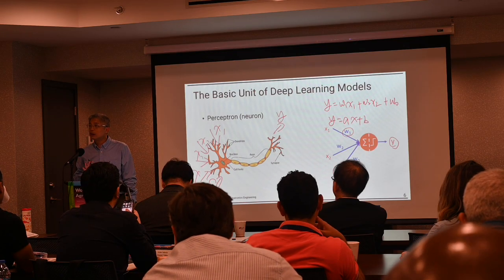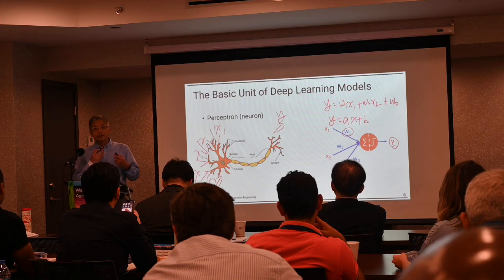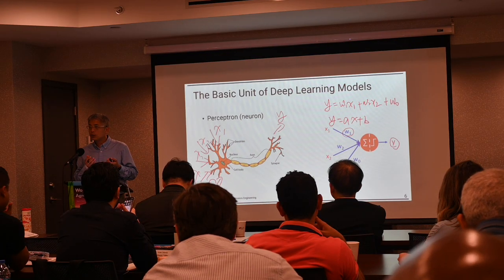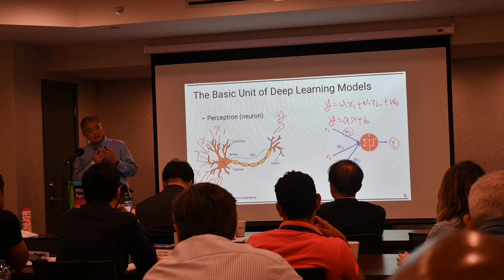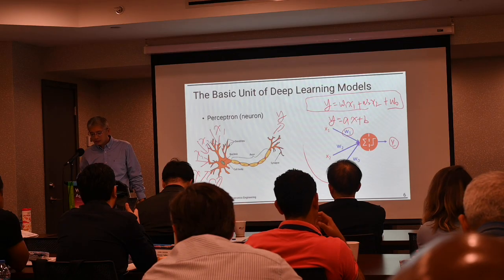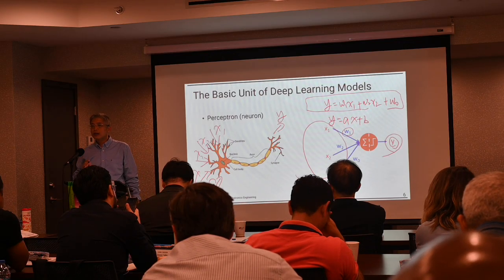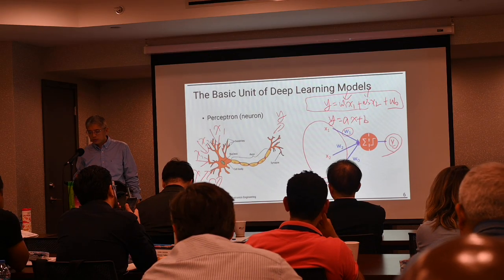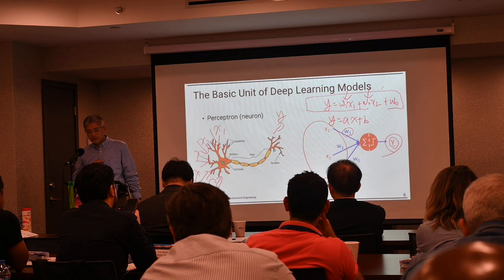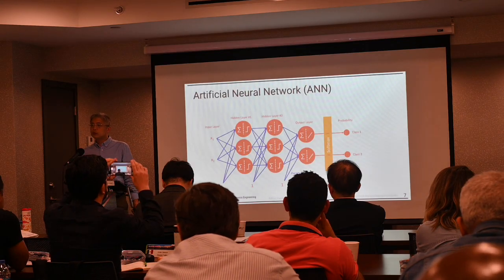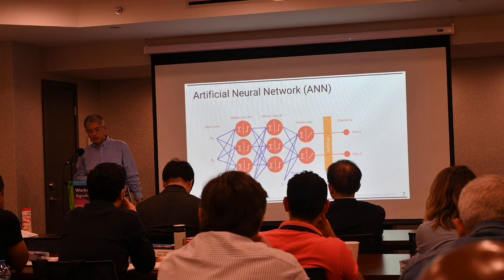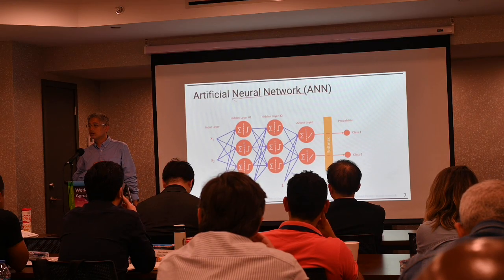Do you solve this equation? Are we given x and y to solve a and b, or given a and b to solve x and y? Right, we are given x and y. So for this equation, we are given a bunch of x and y, and we are solving for w. That's basically the idea of a neuron. When we put many neurons together, it's called a neural network.